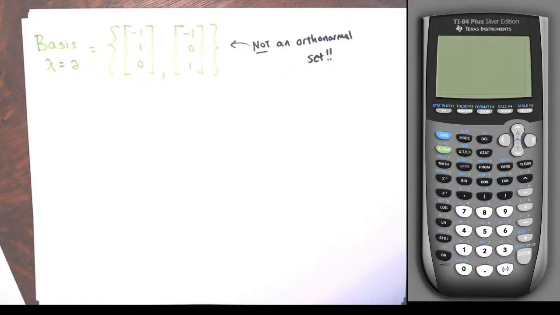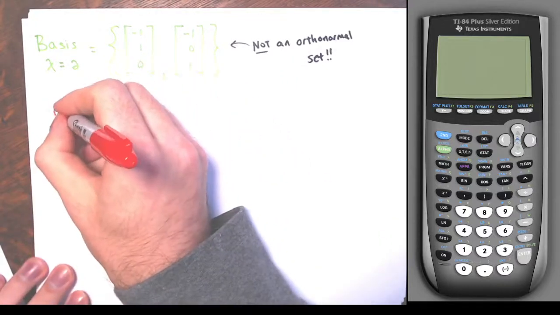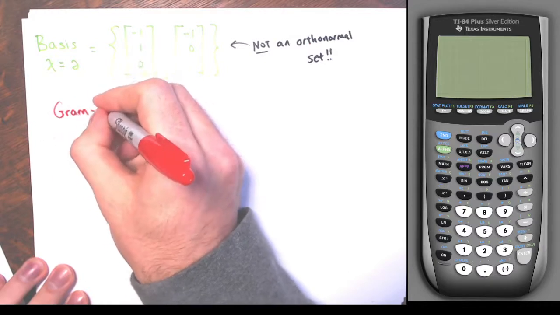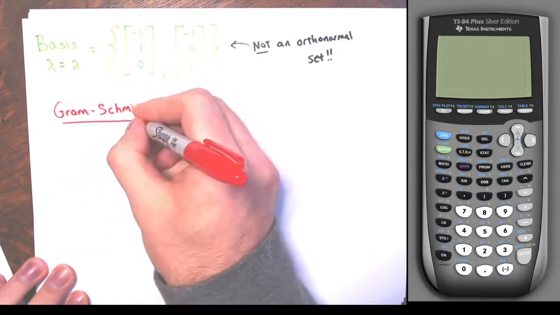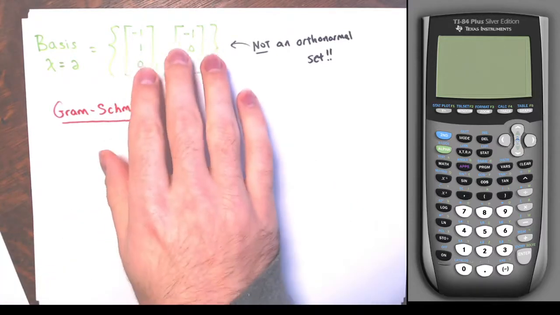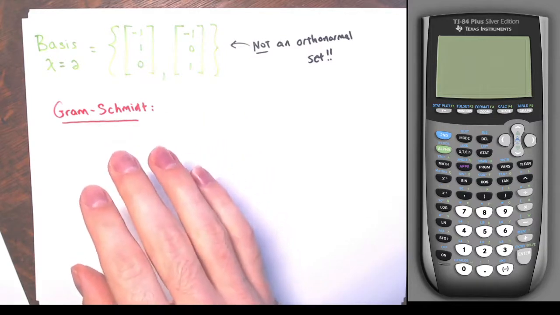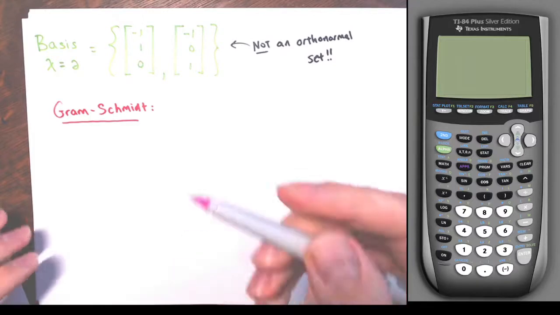So here's where the Gram-Schmidt process comes in. I've done this in several videos before, and hopefully you're familiar with it. We use the Gram-Schmidt process to take this basis for this eigenspace and transform it into an orthogonal basis for the eigenspace, and then we can normalize the vectors, make them unit vectors, to make it an orthonormal set.